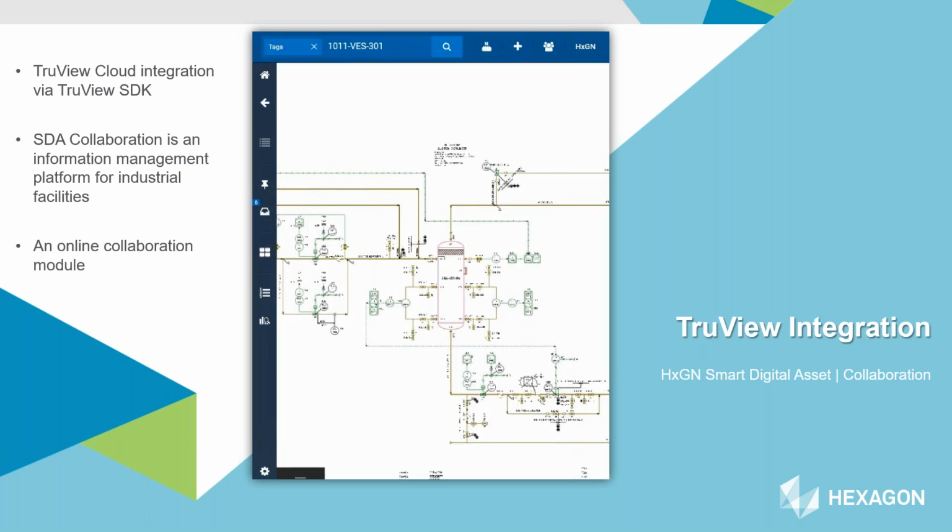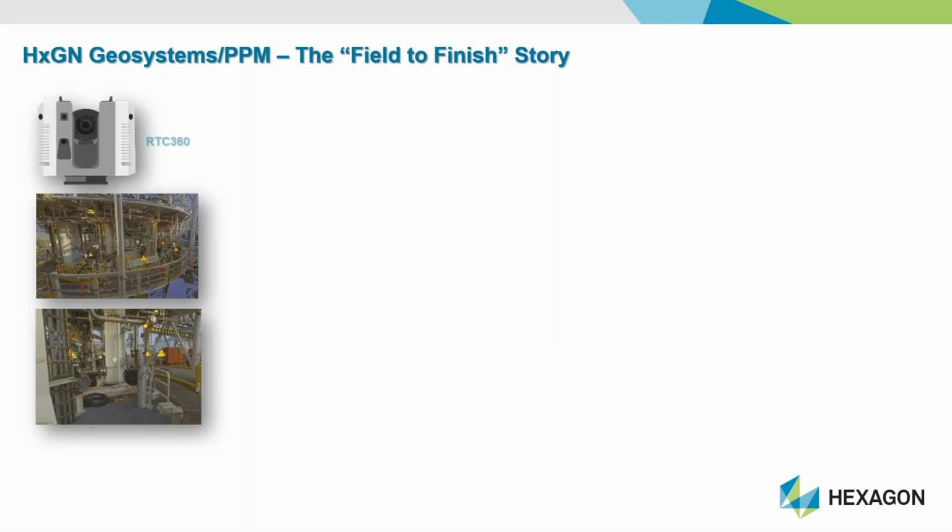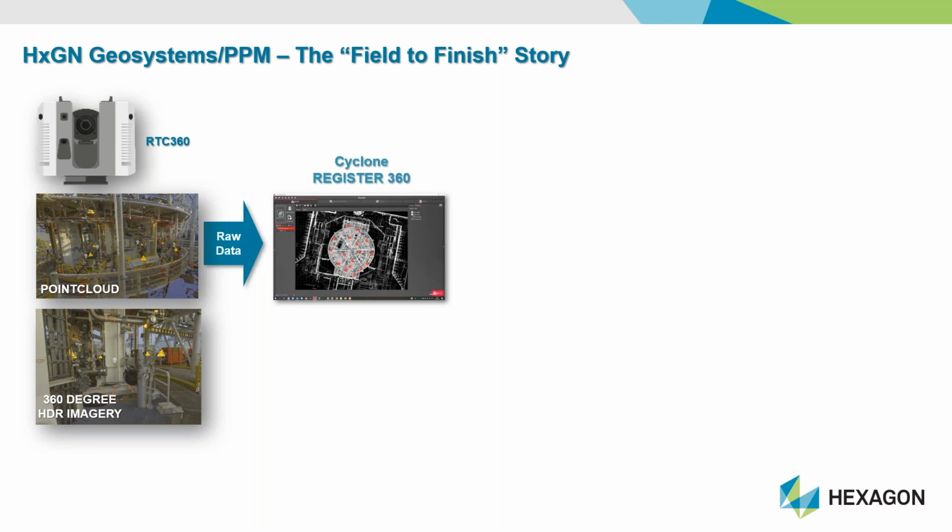So just to close this whole story off, going back to the slide that we showed at the beginning, we've run through the reality capture aspect using the RCC 360, producing our rich point clouds, which can then be displayed, all the points all the time, using our Jetstream or LGS technology. And we've got the imagery, which can be used as reference or draped across the point cloud as well.